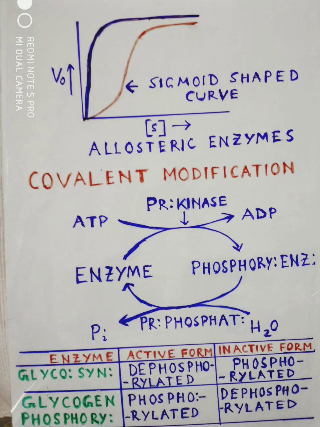Depending upon the specific enzyme, the phosphorylated form may be more or less active than the dephosphorylated enzyme. For example, phosphorylation of glycogen phosphorylase, an enzyme that degrades glycogen to glucose, increases activity, whereas the addition of phosphate to glycogen synthase, an enzyme that synthesizes glycogen from glucose, decreases activity. I have shown this example in the lower part of the picture.